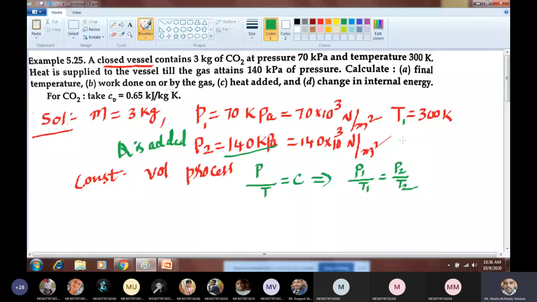So from this, I can write T2 is equal to P2 by P1 into T1. Agree? Now tell me, if you substitute all the data, what will you get?